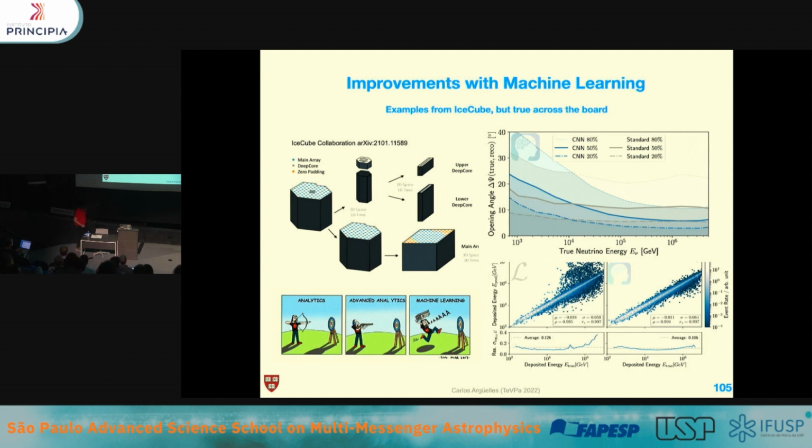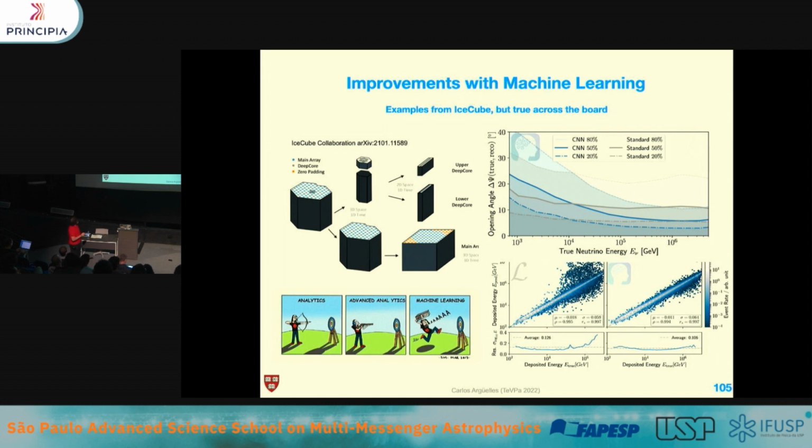Okay, so I have 2 minutes. Good. This is what we can do for cascades. For tracks we can do better with traditional reconstruction, but for cascades the machine learning is better. You can see here the difference between machine learning approaches that use exact parametrizations of the ice properties, let's say from the simulation, versus standard likelihood reconstructions that approximate the light yields through the detector.